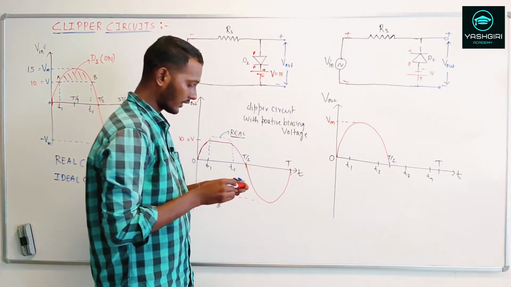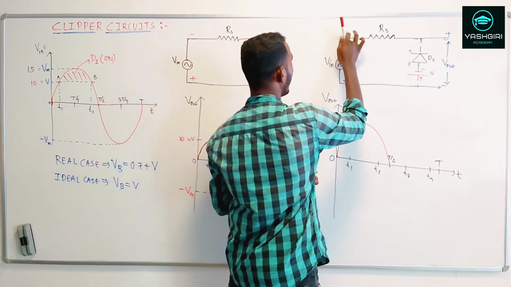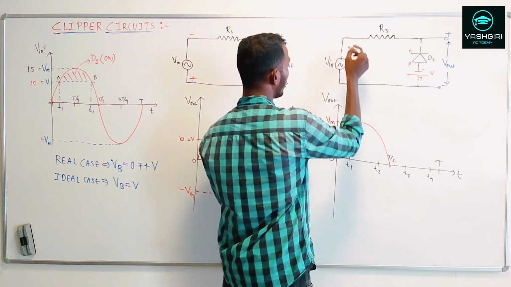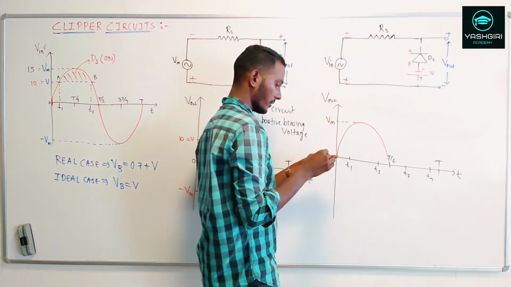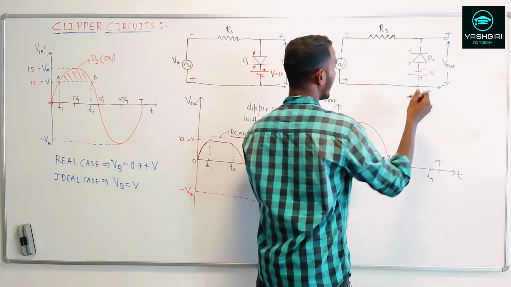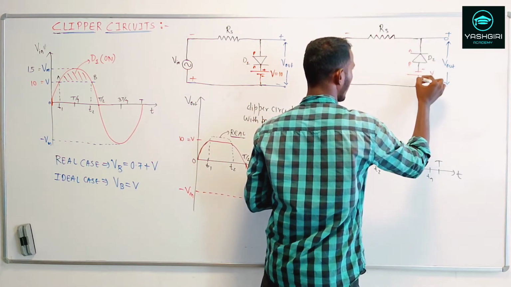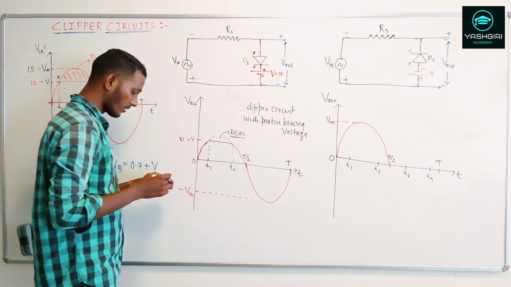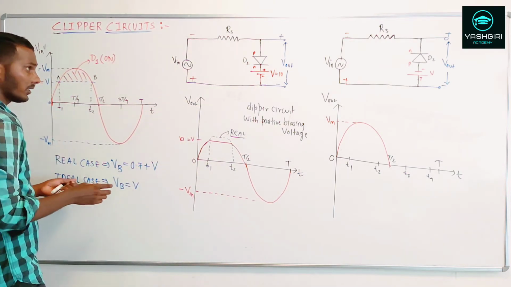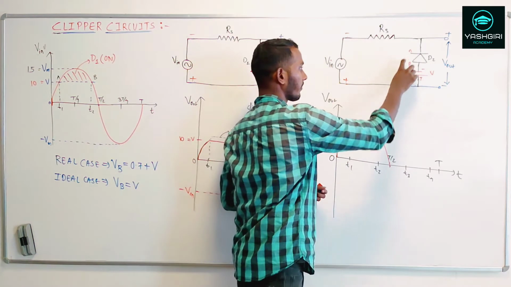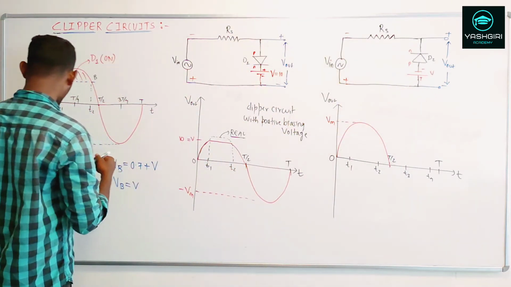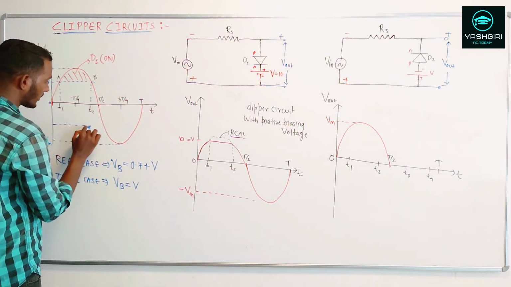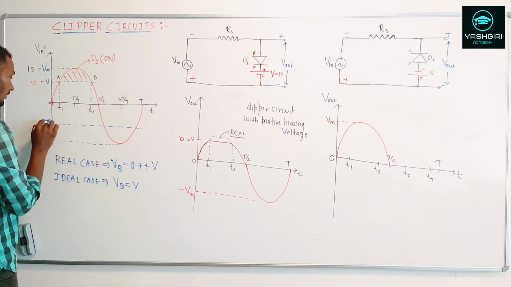Now for the negative half cycle, let the polarity change. So it will become negative and this will become positive. This time there are some chances of the diode D2 conducting. And what is the chance? If you see the barrier potential this time, this is V volts. So on the negative side, let this be my negative V volt.